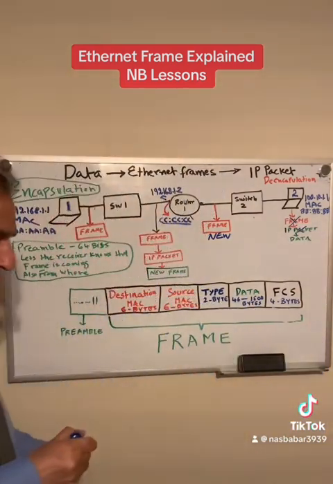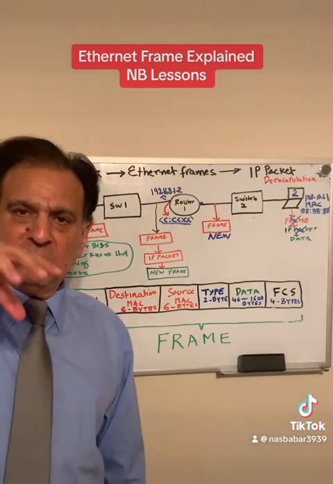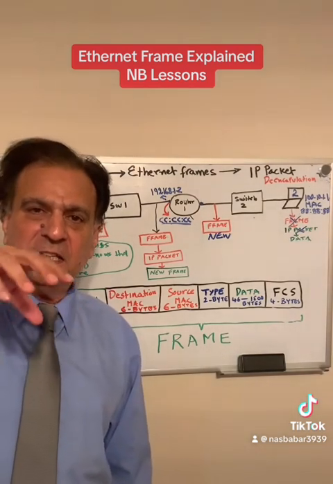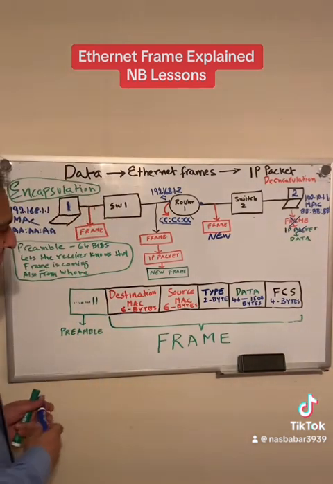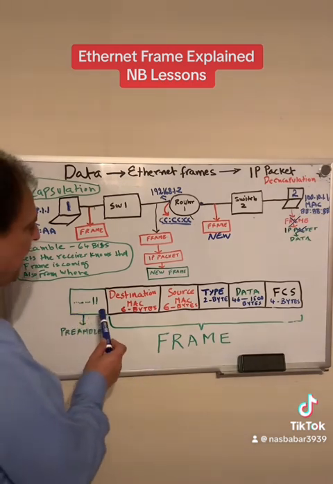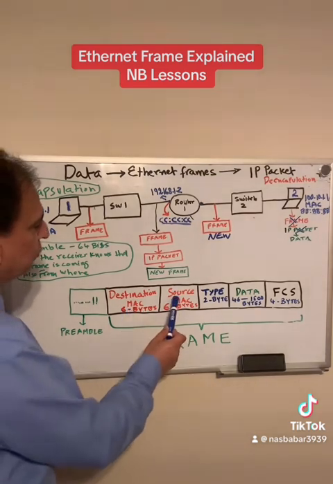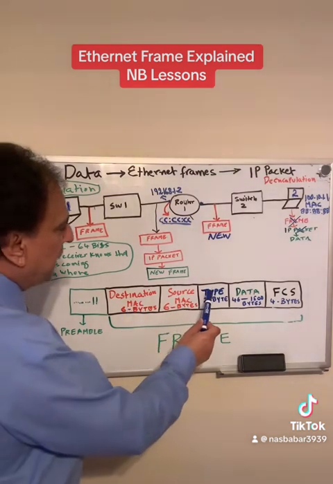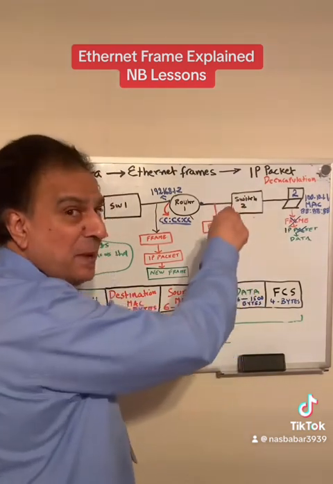Now let's take a look from the top and see what the heck is in an Ethernet frame. So that's what we're going to do. So this is a frame, okay? And this frame basically has a destination MAC of 6 bytes, source MAC of 6 bytes, type 2 bytes, and this is the data from the IP packet.